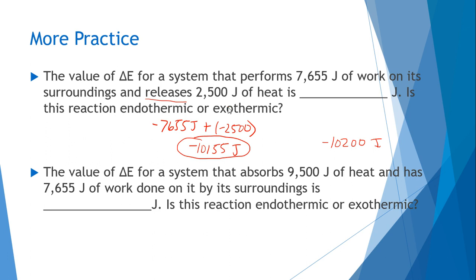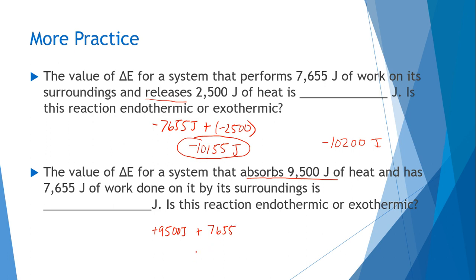The next one, if you were to do this, you would see that it says it absorbs heat. So that is going to be a positive 9,500 joules. And then it says that 7,655 joules was done on it by the surroundings. So work was done on the system by the surroundings. That's also going to give us a positive value.